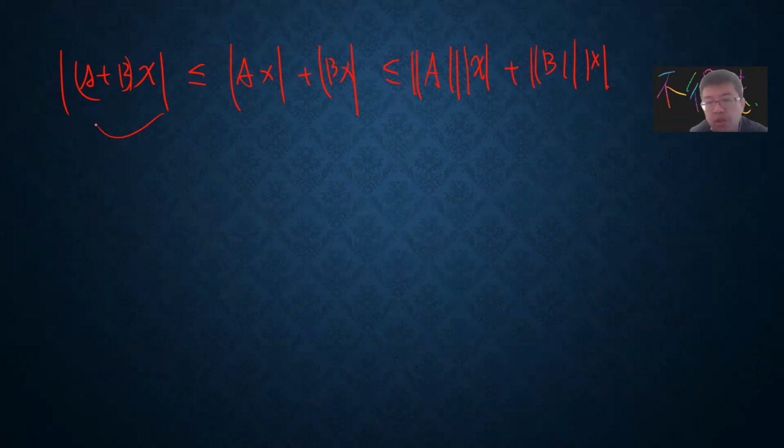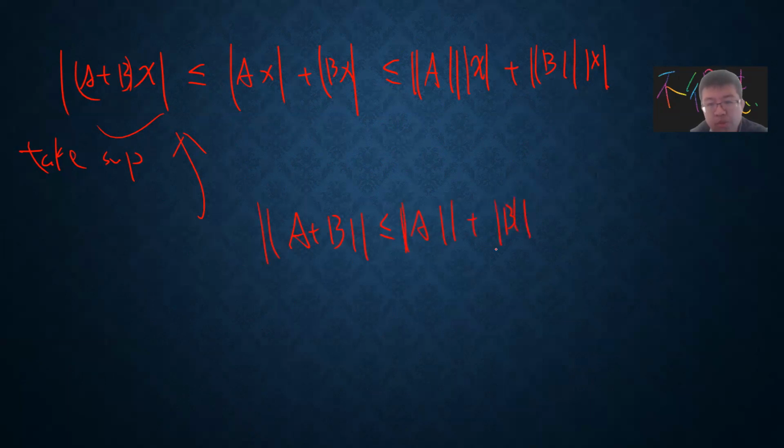Now you take the sup. If you restrict x to be a unit vector, then this becomes the norm of A plus B less or equal to the norm of A plus the norm of B. So you can restrict yourself to all vectors of length 1, and then you get this.